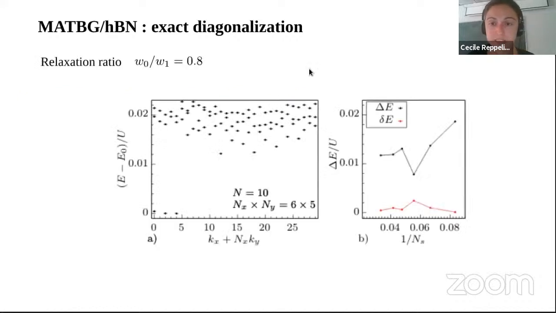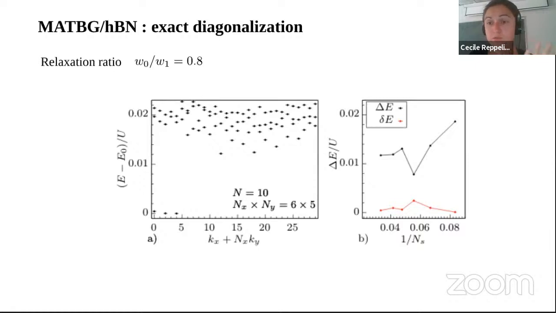Right, so here are some diagonalization results. Here I'm showing the case for 10 electrons in a 6x5 lattice, so that's the number of moiré unit cells, a total of 30 moiré unit cells. This was obtained by assuming valley polarization.